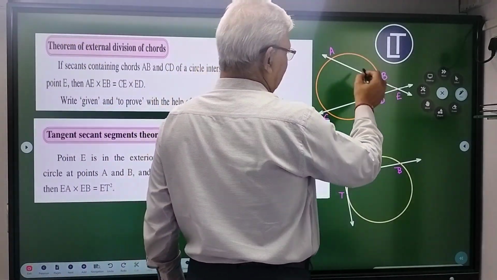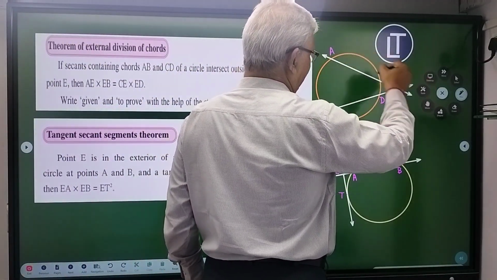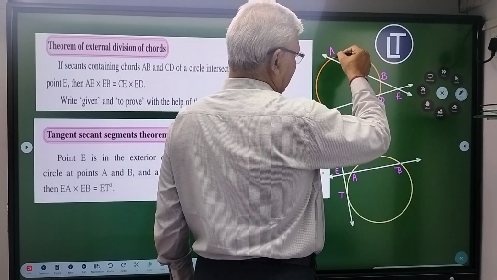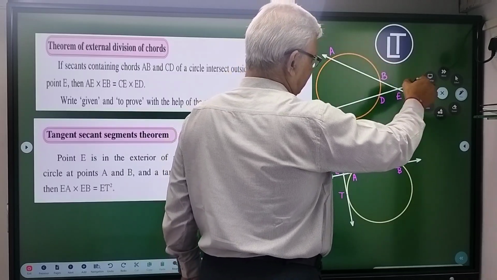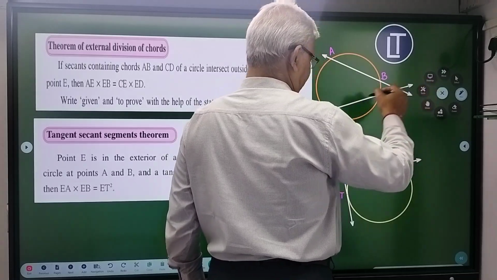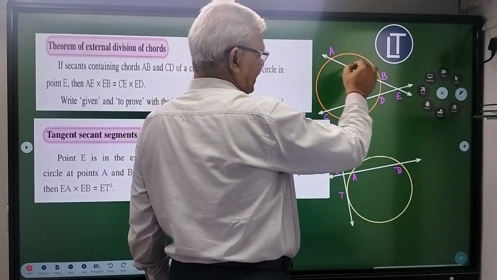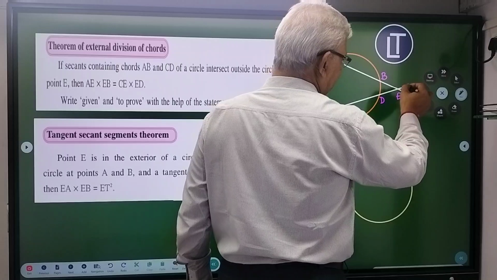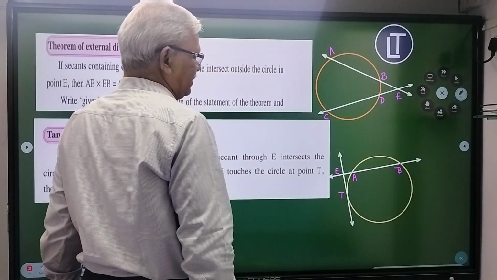Now see here, these are in the form of secants, that is chord AB in this secant and chord CD in this secant. And they intersect at point E outside the circle.